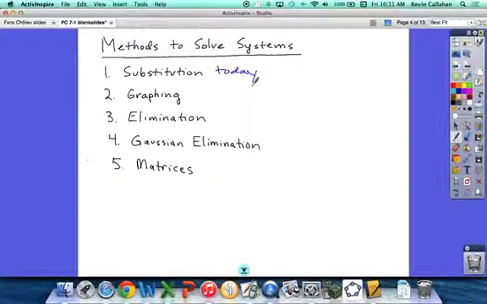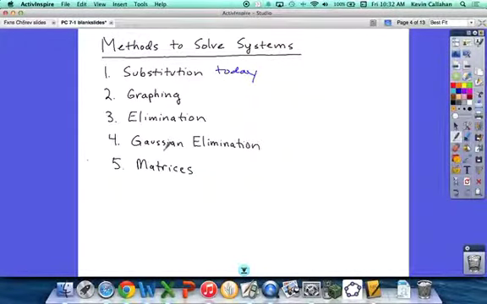After that, we'll go ahead and introduce matrices. Have you ever had matrices before? I mean, it used to be something that we did in Algebra 2, but we don't do that anymore. So we'll introduce the matrices, and then you'll see what this Gaussian elimination is, but we won't solve anything with Gaussian elimination.